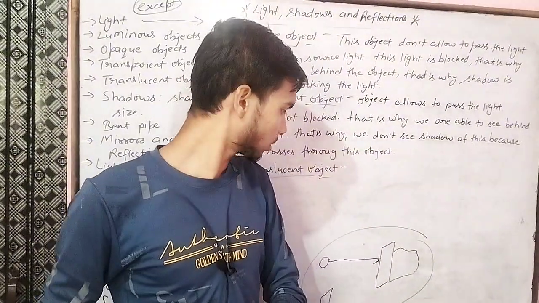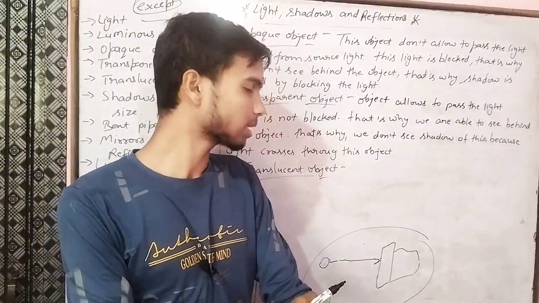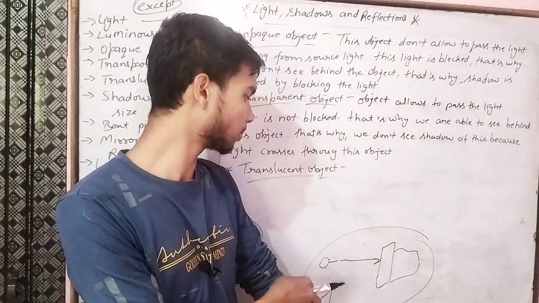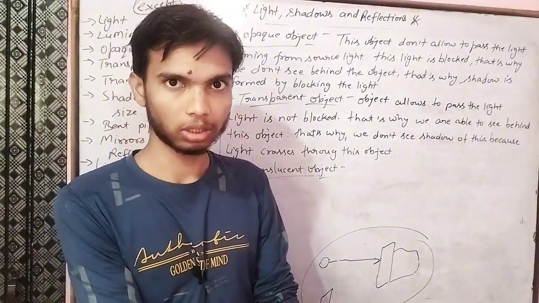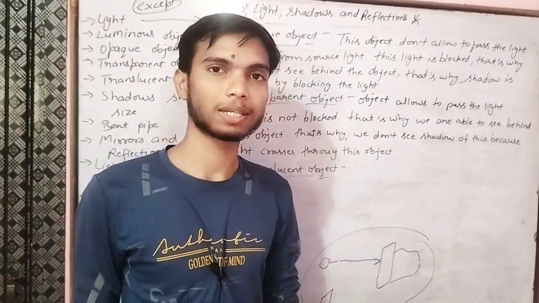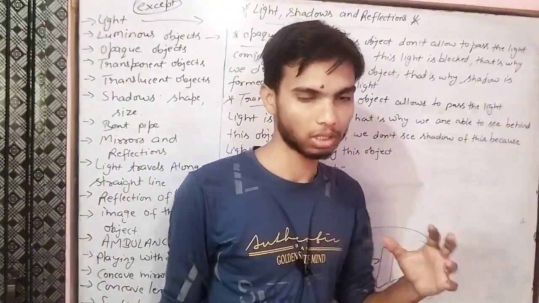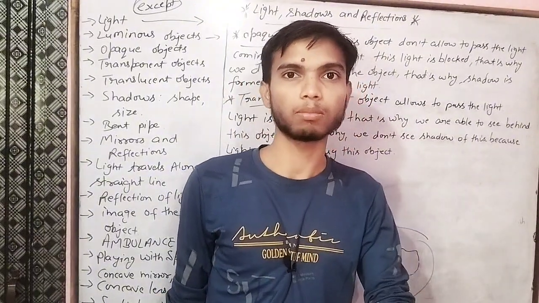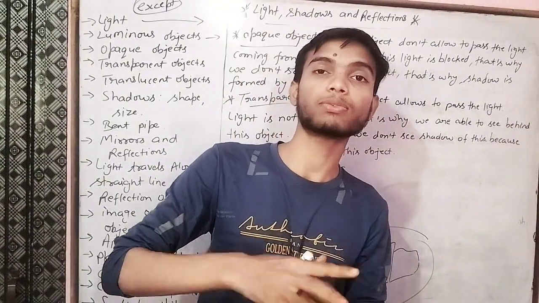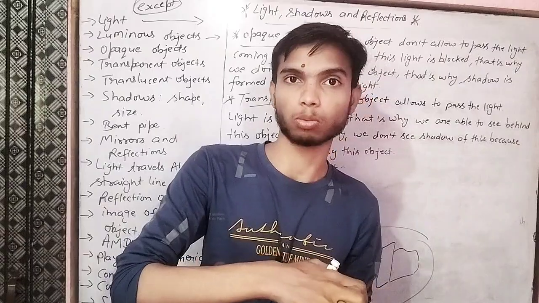Something we see as a shadow formed by this object, and something we don't see as a shadow behind this object. So it happened because of the translucent object.